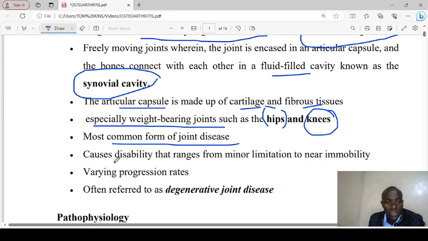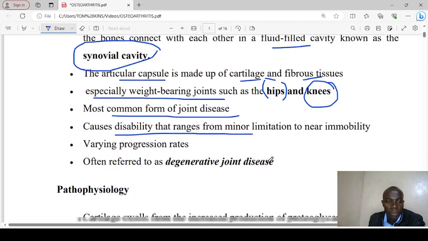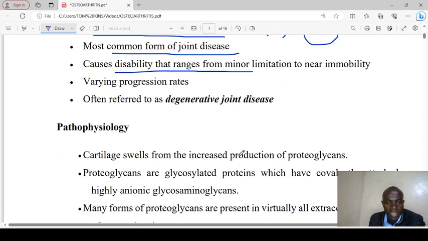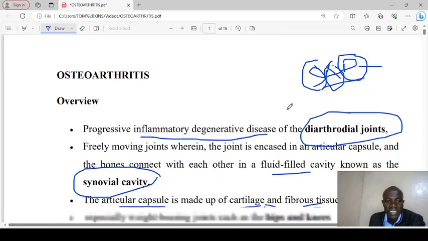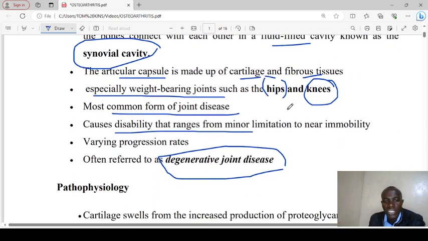So osteoarthritis causes disability that ranges from minor limitations to near immobility. We have varying progression rates, and this disease is normally referred to as degenerative joint disease. Okay, great.